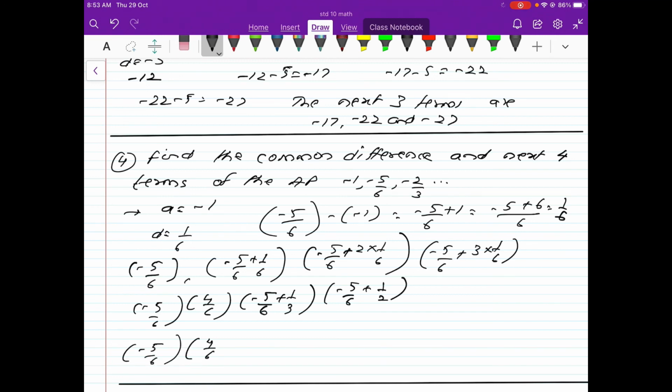Second term is minus 4 upon 6. Now this is minus 5 plus 2, so this can come minus 3 upon 6. This will come minus 5 plus 3, so this will come minus 2 upon 6, and so on. So these are your next 4 terms.